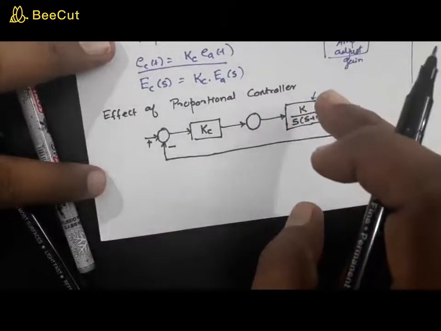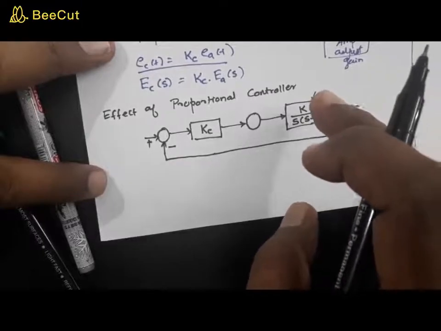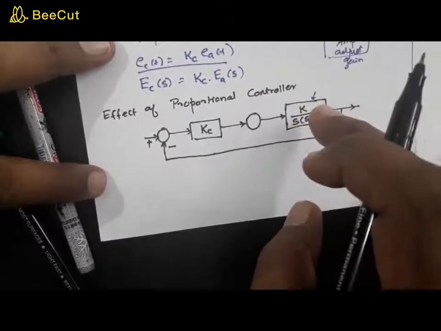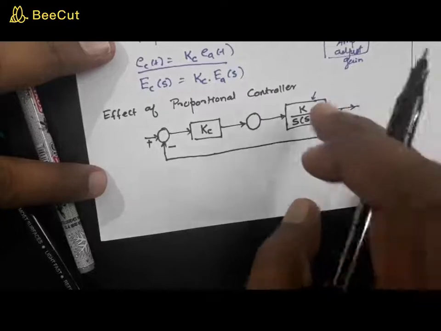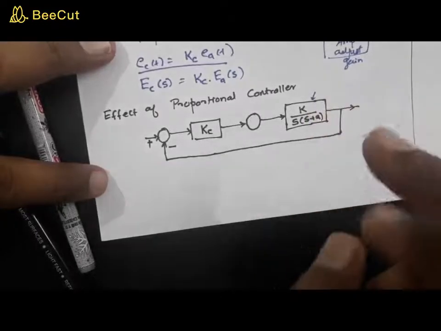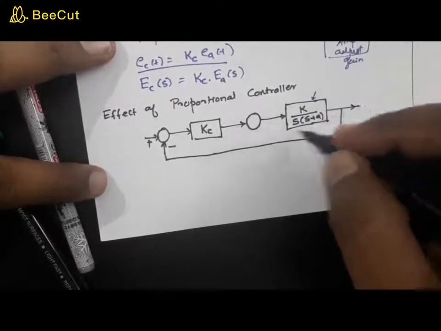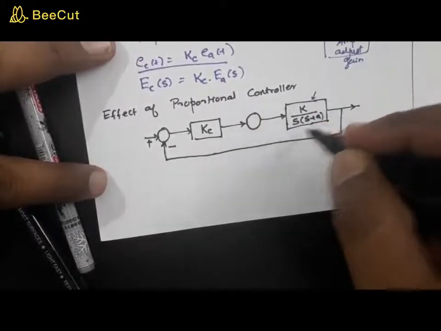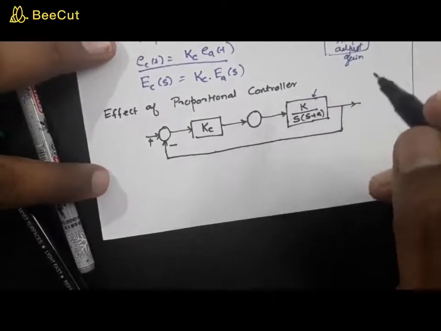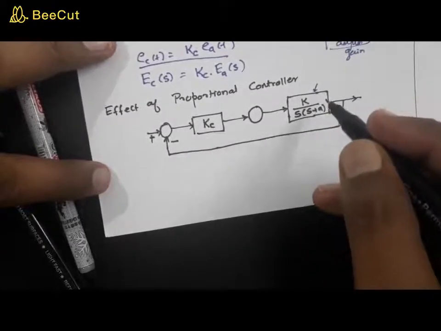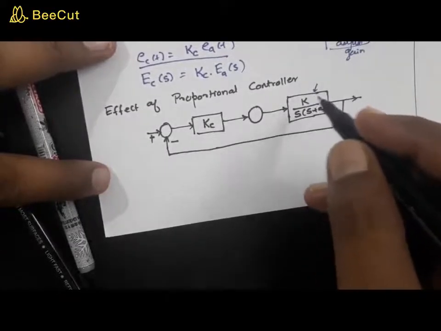We have already seen in the first module that any electrical or mechanical system can be modeled mathematically by its transfer function. So this can be represented by a block diagram, and this is the thing which is to be controlled.